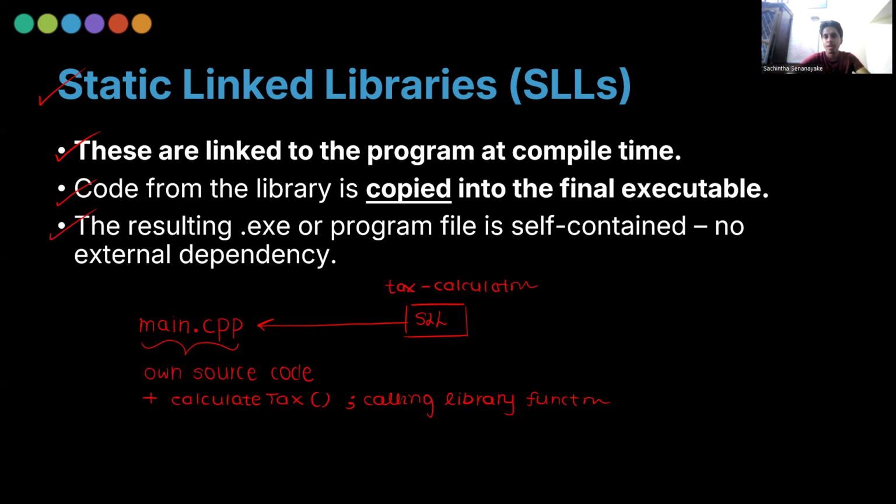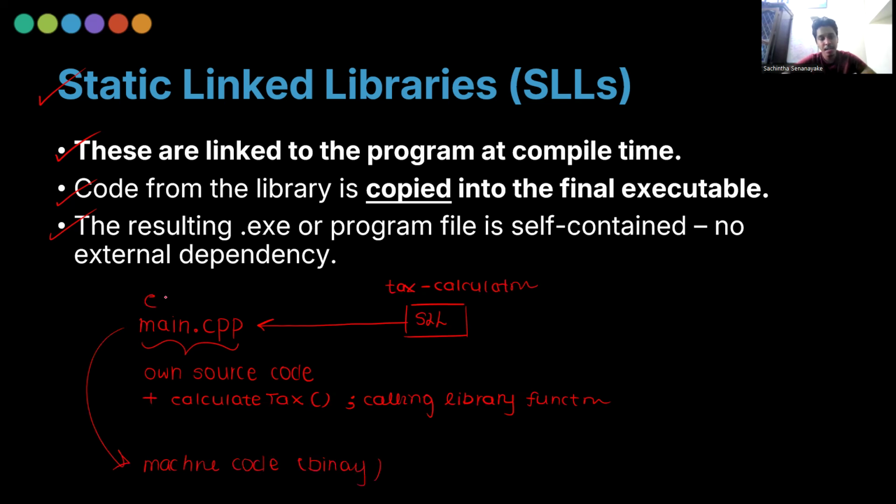Okay, so now you've written main.cpp using the calculate tax function that has been already implemented in a different static link library. Now, the process from this point on is pretty straightforward, right? Now, we know that main.cpp has to eventually be converted into machine code, which is binary, in order for main.cpp to be able to run in your CPU.